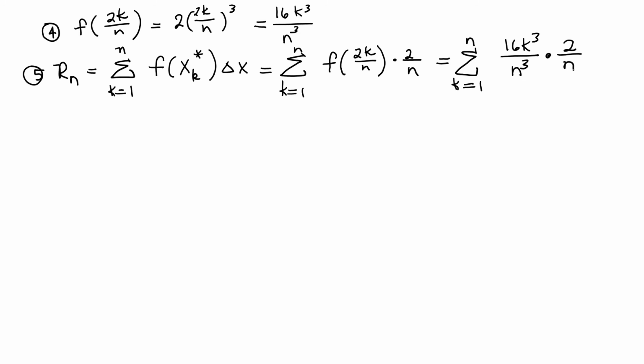Simplifying a little bit, 16 times 2 is 32. That's a constant. We'll move it to the left of the sigma notation. n cubed times n, that's n to the 4th. And we'll also move that to the left of the sigma notation.